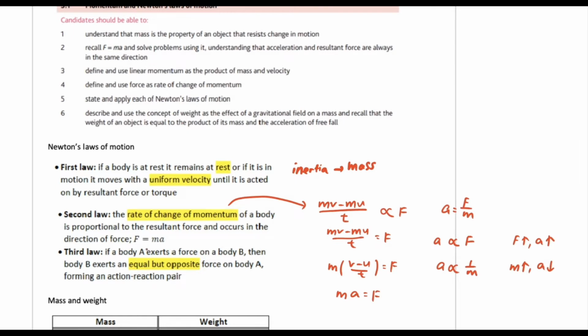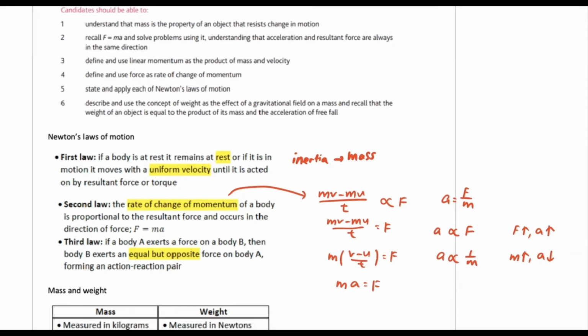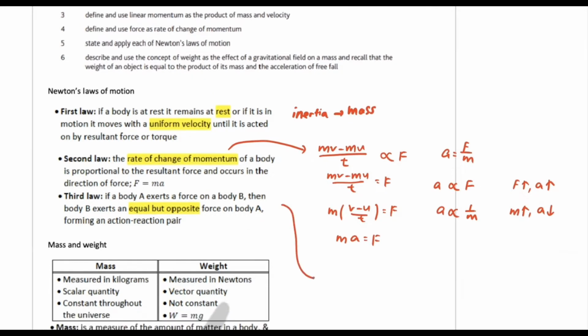If a body A exerts a force on a body B, then body B exerts an equal but opposite force on body A. So we have an action-reaction pair. Let's see the example again. Here, we put an object of m kg on the ground.